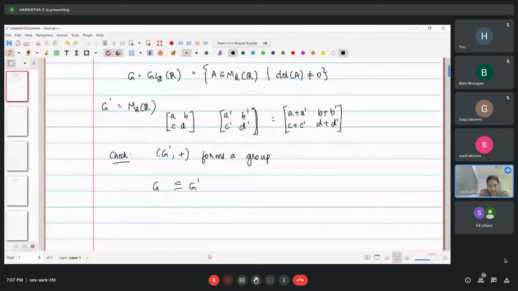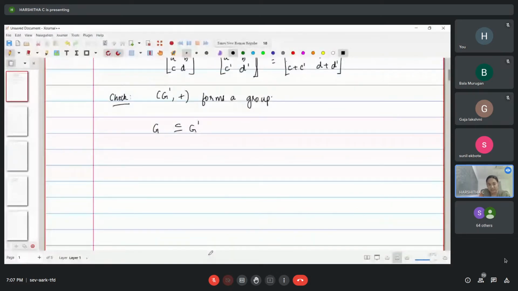So we have invertible matrices. The question is basically reduced to: is the sum of two invertible matrices invertible? So we are checking the first property.